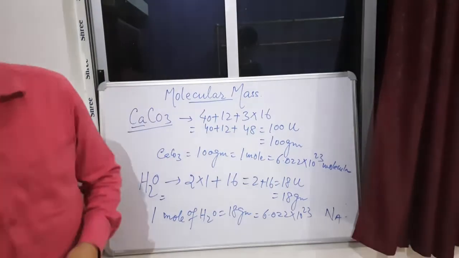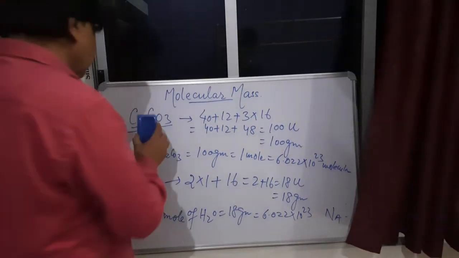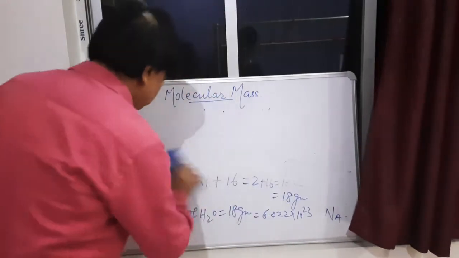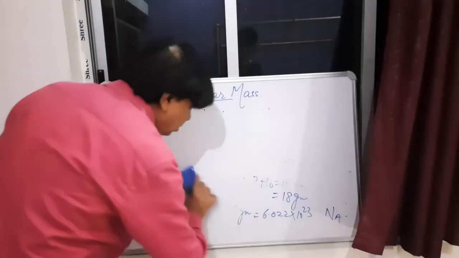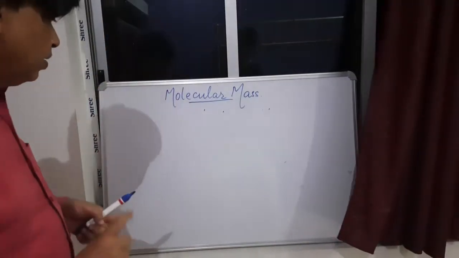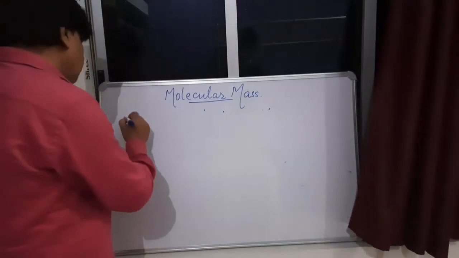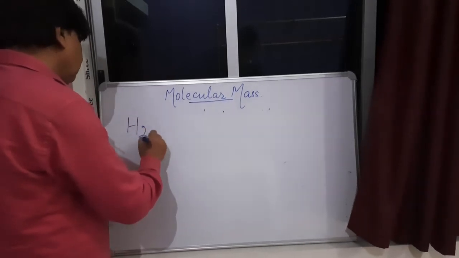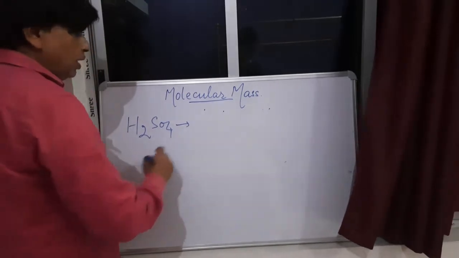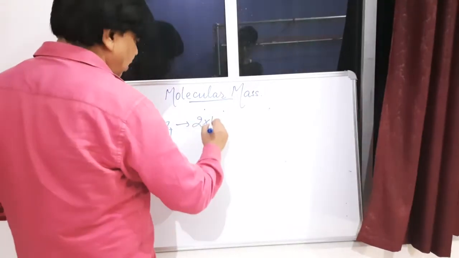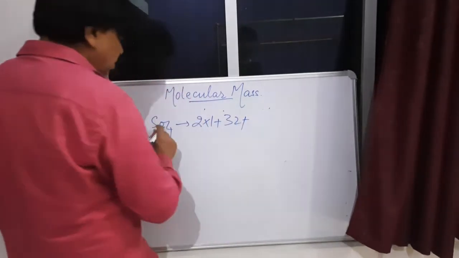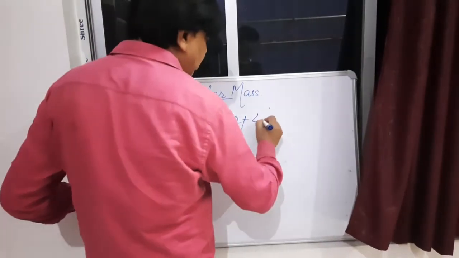Next, if you have to find the molar mass of sulfuric acid H2SO4, then how will you find it? 2 atoms of hydrogen, 2 into 1, plus sulfur 1 atom, that is 32, oxygen 4 atoms, 4 into 16.